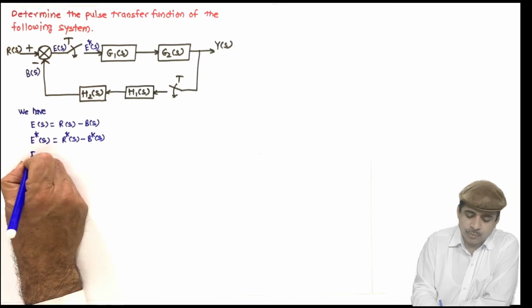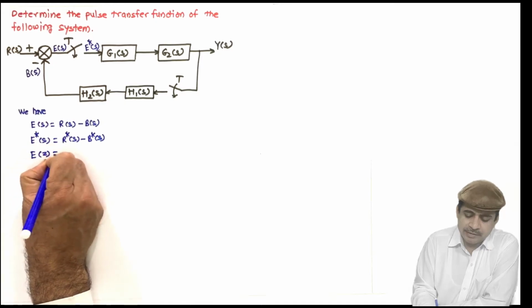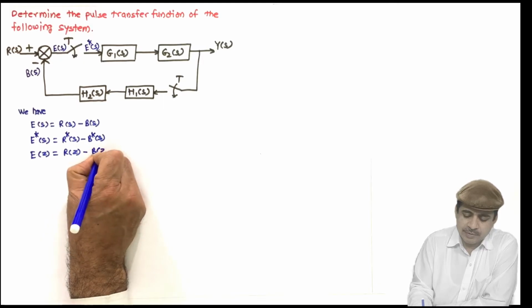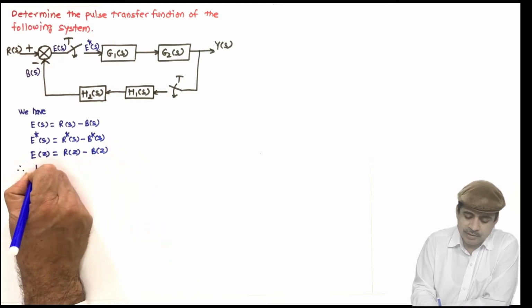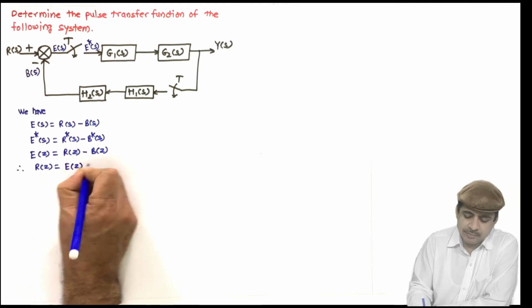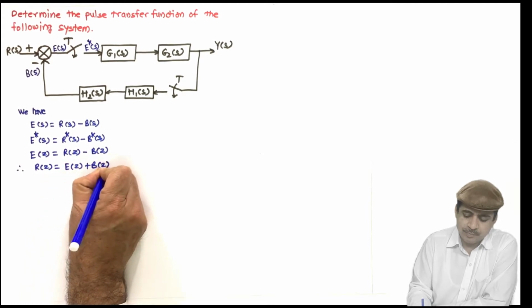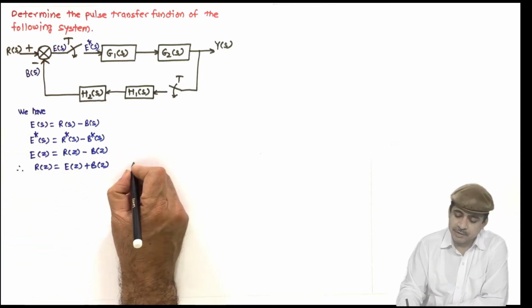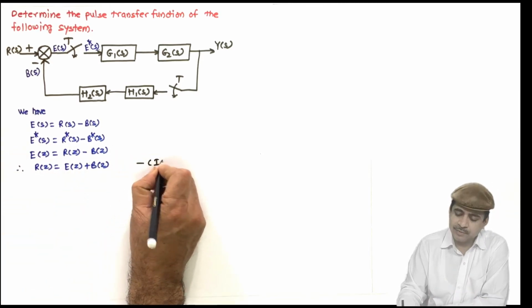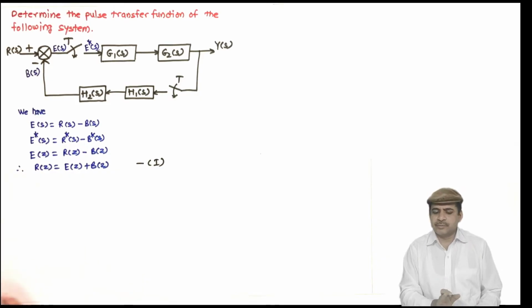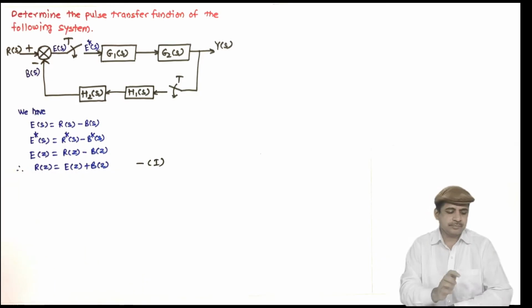Then taking Z transform, we get E(z) is equal to R(z) minus B(z), and that gives me R(z) is equal to E(z) plus B(z). Let us denote this by equation number 1. So in any case, whenever you have a closed loop system, this will be the first step.